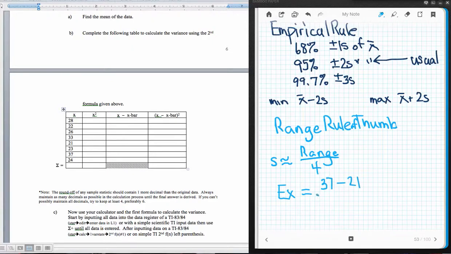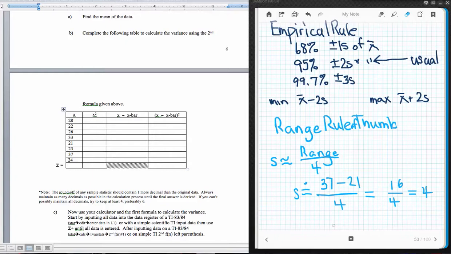And if we divide that by 4, what do we get for the variation? So we have 16 divided by 4, and that is going to be equal to 4. So this says that S is approximately equal to 4 for that bike racing data, so 4 minutes.